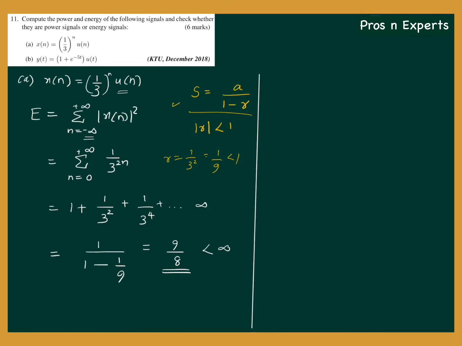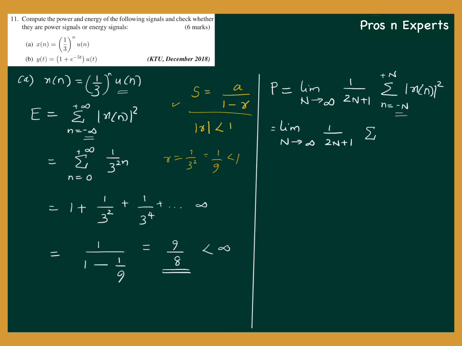Now, in applying the expression for power, you should be careful that this is a non-periodic signal. So the average power of a non-periodic signal is given by limit n tends to infinity 1 by 2n plus 1, sigma n equal to minus n to plus n, mod x square of n, or x square of n. So that comes to be limit n tends to infinity 1 by 2n plus 1. You need not find the sigma all the way from minus n to plus n, because it is getting multiplied by u of n.